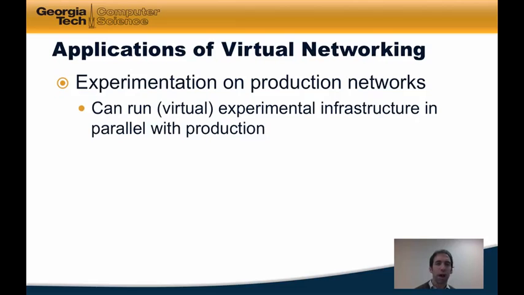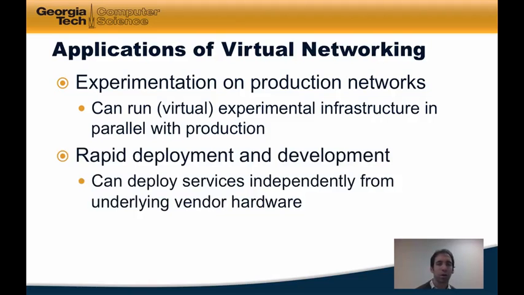We will first look at how virtual networking has enabled experimentation on production networks, and in particular how it allows researchers to run virtual experimental infrastructure in parallel with production networks on the same underlying physical network infrastructure.